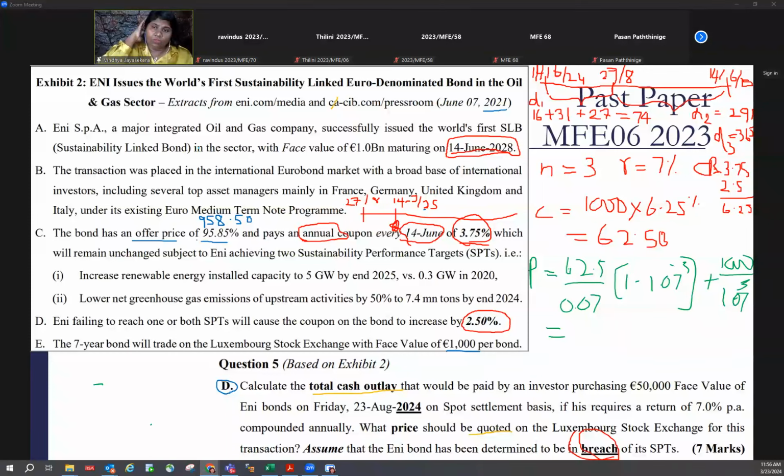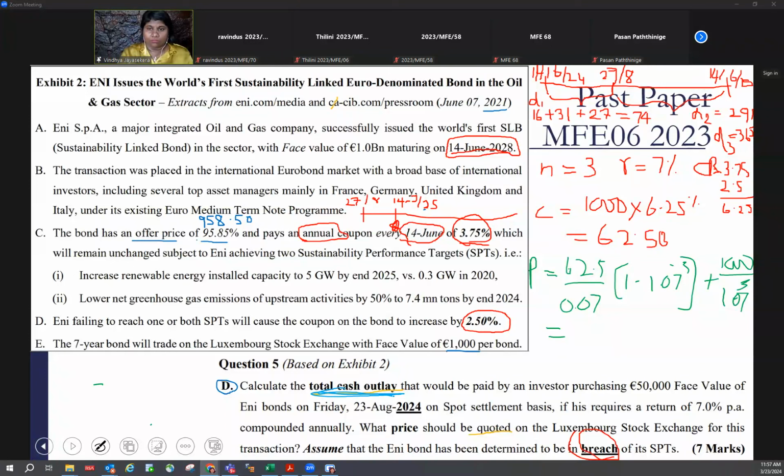What do you mean first part? The total cash outlay. Total is 980.35277. Can you just divide by 50,000 and then multiply by 1,000?